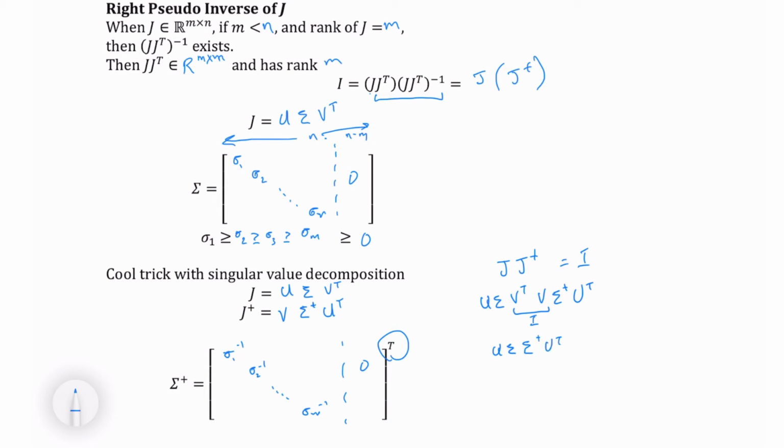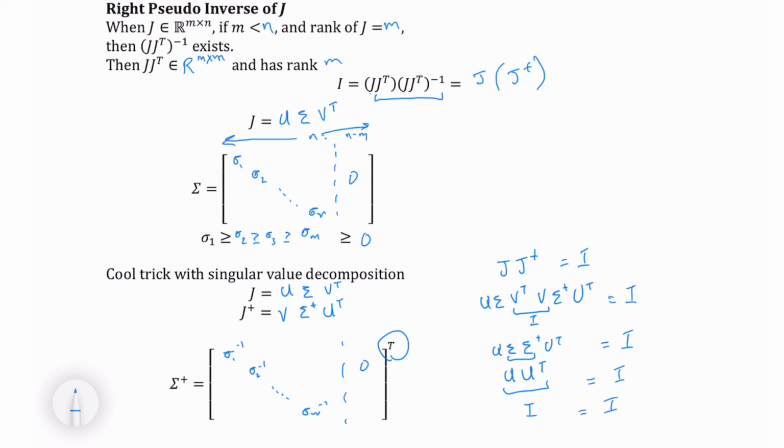But since the sigma pseudo-inverse is going to be just the inverse of all my singular values, then I have U times the identity matrix again, times U transpose. And since these are rotation matrices, then I also get the identity. So then we get what we wanted to have here.